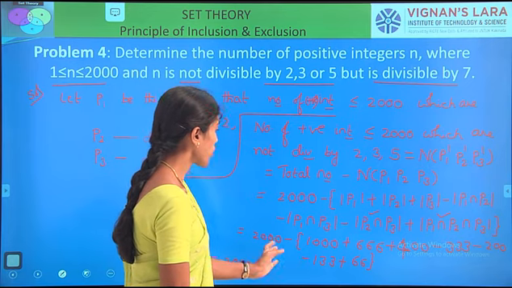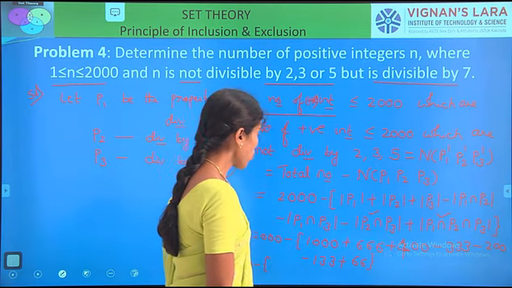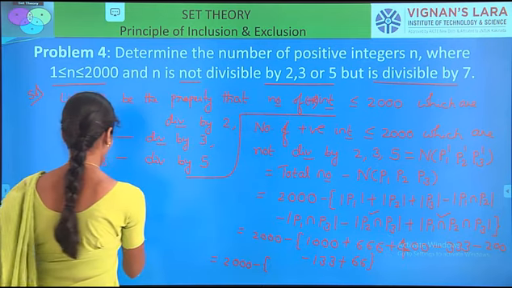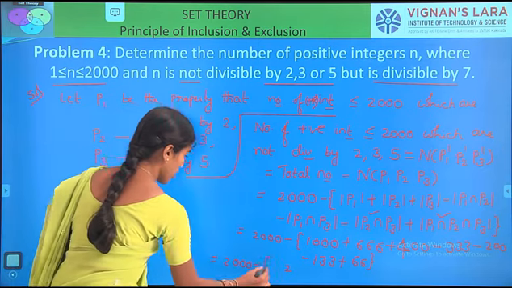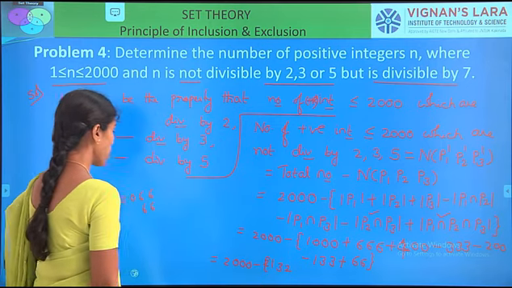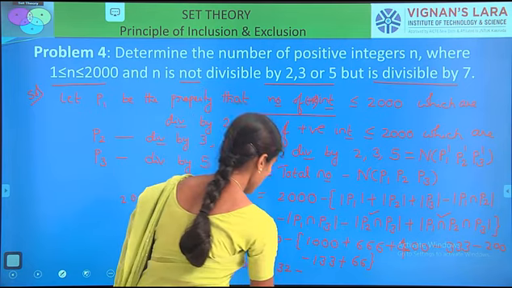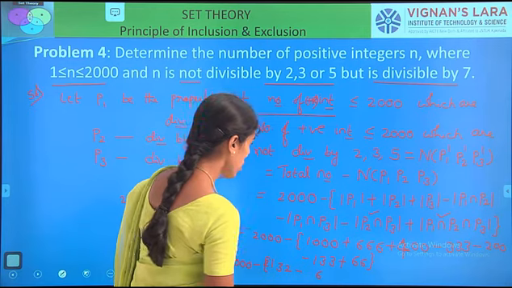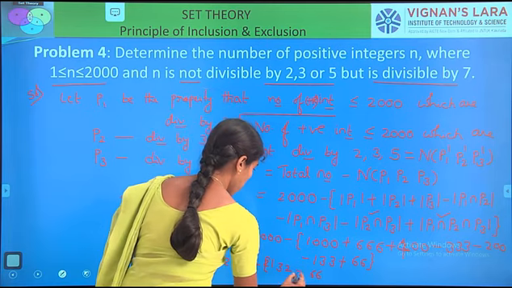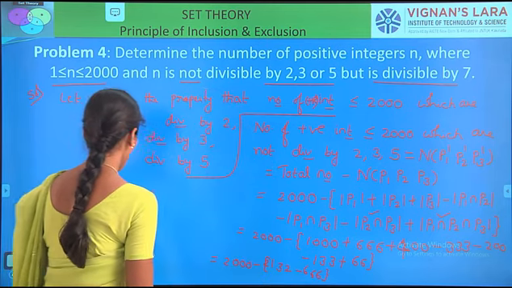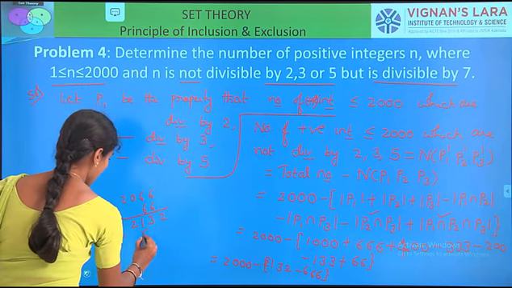So it is equal to 2000 minus, first we calculate all the positive signs: 1000, 1666, 2066 plus 66, which is 2132. Then minus 333, 200, 133, which is 666.